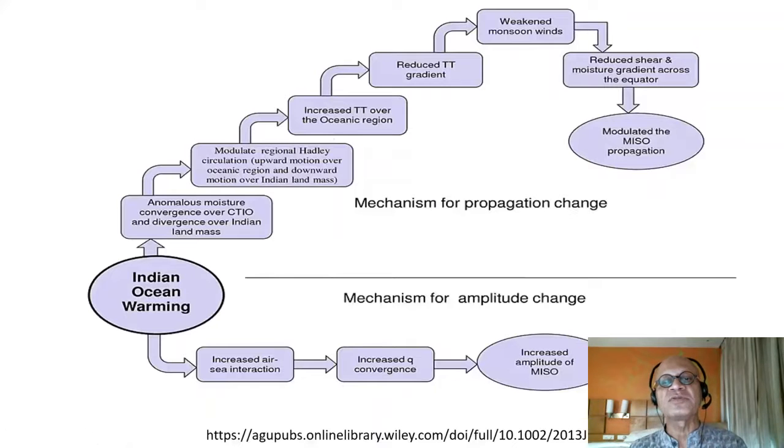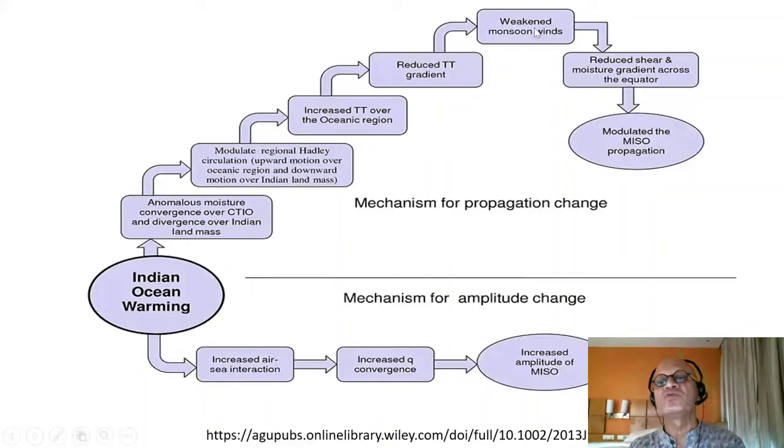Increased tropospheric temperature over the oceanic region corresponding to latent heating, which is associated with the increased rainfall, and reduced ocean-land tropospheric temperature gradient, which would weaken the monsoon circulation.